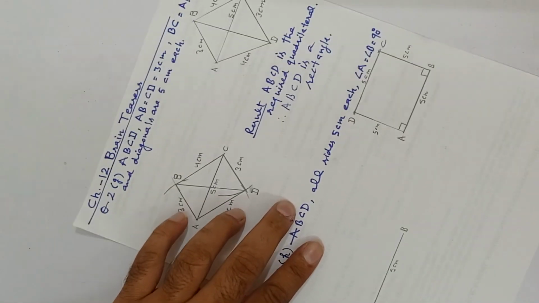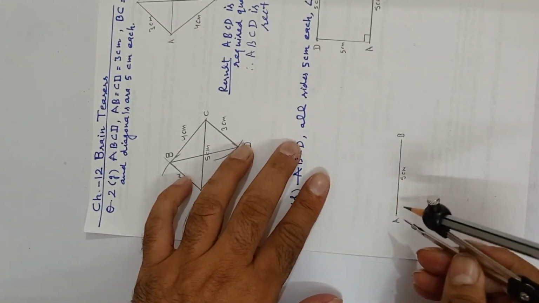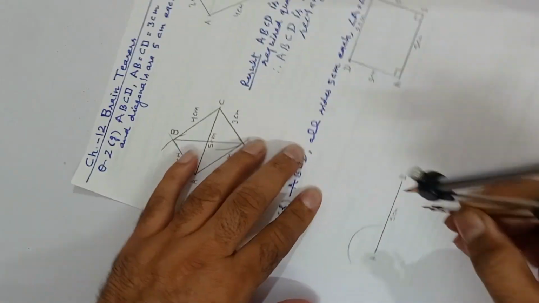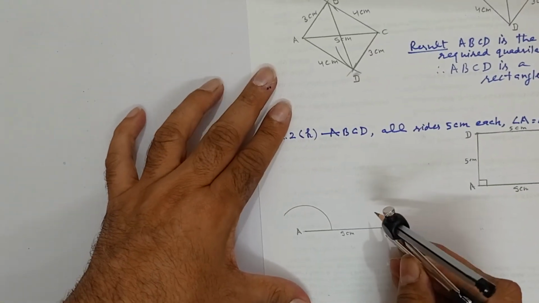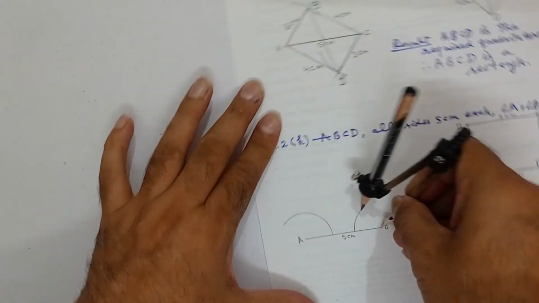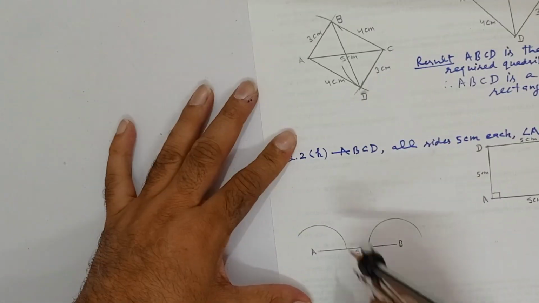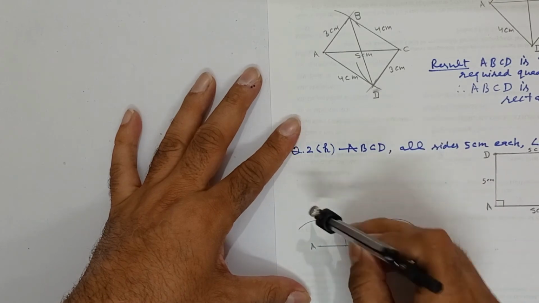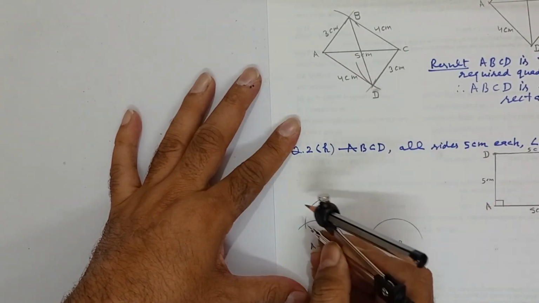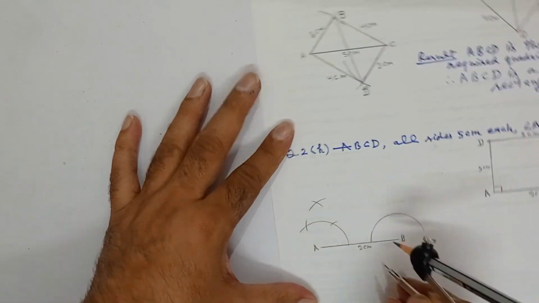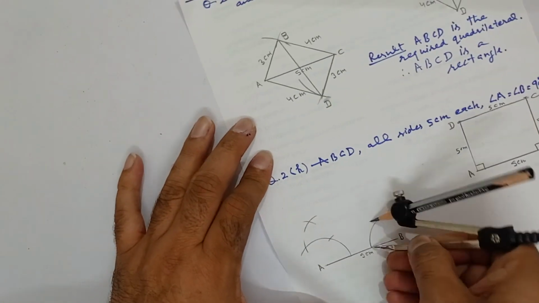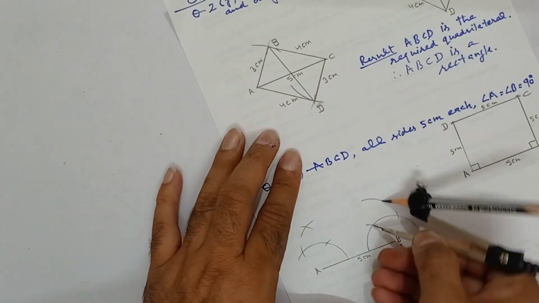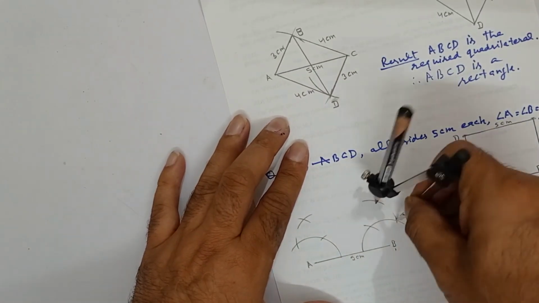Angle A 90 degree can be made with compass. At both points A and B, you are taking an arc. Keep the compass tip here, 60. From here 120. This is 60. This is 120. Again here 60. From here 120. This is 60 and this is 120.